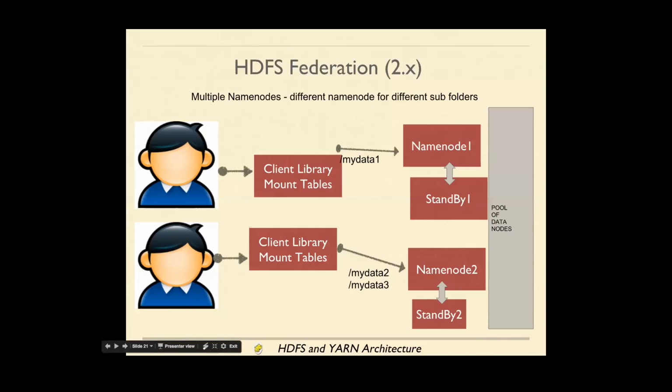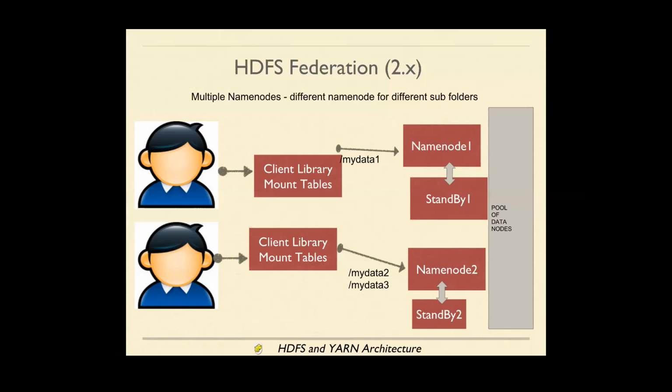Pradeep's question is whether one client checks multiple name nodes on different machines to read a file until it gets it. A good point, Pradeep. No, because the mapping is at the folder level, a single file is always on one name node.